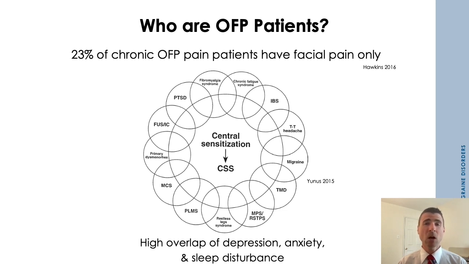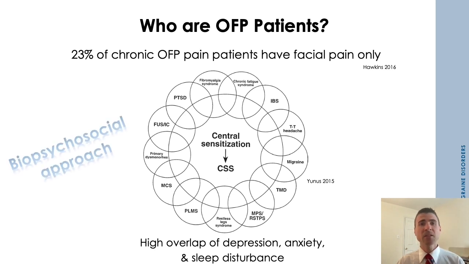And it's going to be really hard to control the pain if we're not able to start controlling these other areas as well. And that's why it's important, if you're seeing a clinician for your headache or for your TMD, that they're not just evaluating this area, but they're taking a biopsychosocial approach. They're looking at you as an entire person and trying to figure out not only why you're in pain in the first place, but why aren't you getting better and what can be done to help you as a whole person feel better.